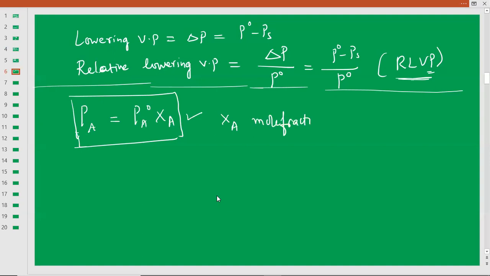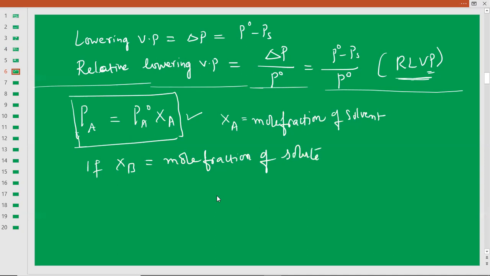We are considering XA to be the mole fraction of solvent, and if we consider XB as the mole fraction of solute, then what about the XA value?